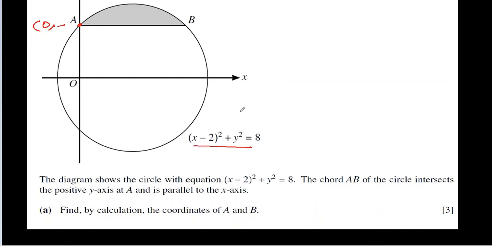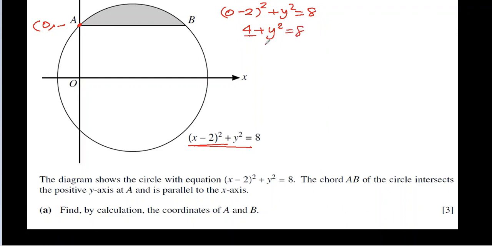This is the equation. Basically, they're asking us to find the y-intercept of the circle. And we can see we have two y-intercepts, not one. So obviously one of them is positive, one of them is negative. So the positive one we will give to point A. So let's put x equal to 0 in this one. So it will be 0 minus 2 square plus y square equal to 8. So minus 2 square is positive 4, so 4 plus y square equal to 8.